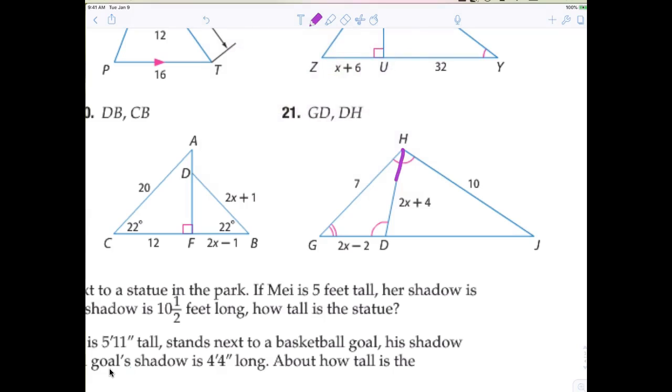As I'm looking at this right here, I think the reason most kids make a mistake is this is still G, this is still H, this is D, and now this right here, you with me? There is no mark here.